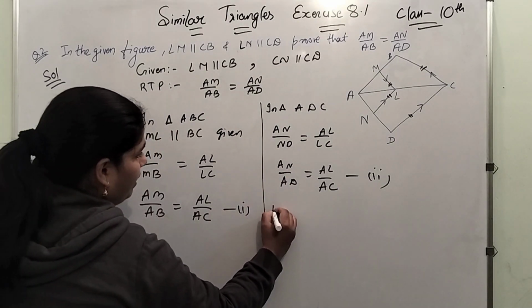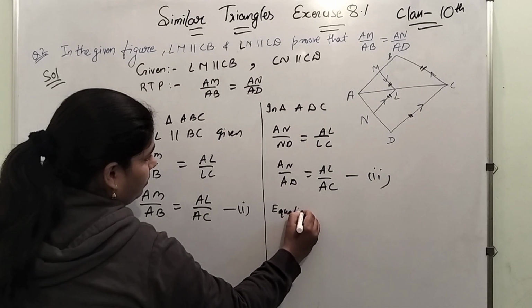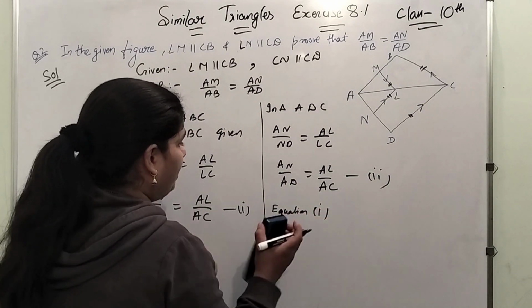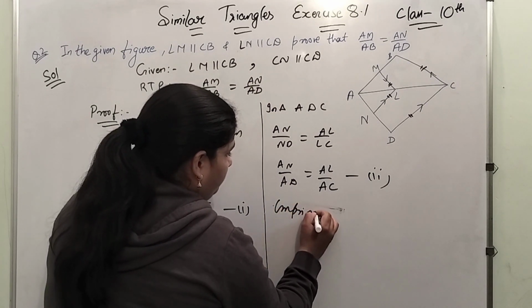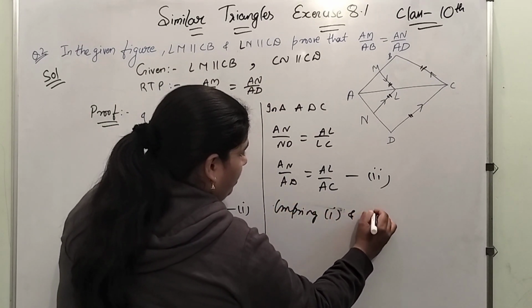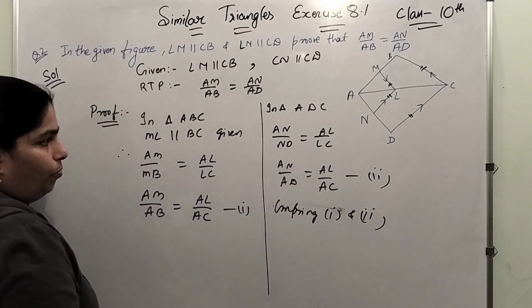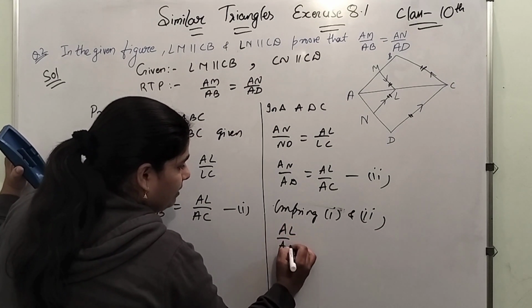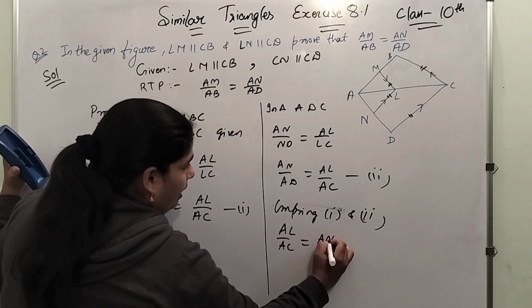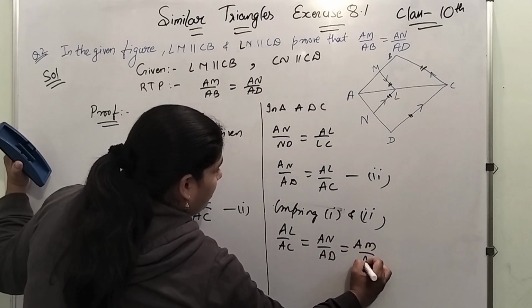Then by comparing equation 1 and 2, we can see that AL by LC is common in both the equations. Therefore, AL by AC is equal to AN by AD is equal to AM by AB.